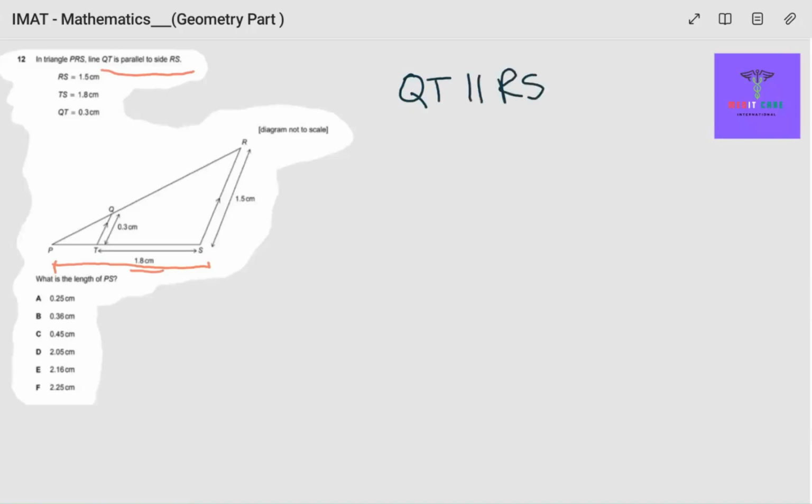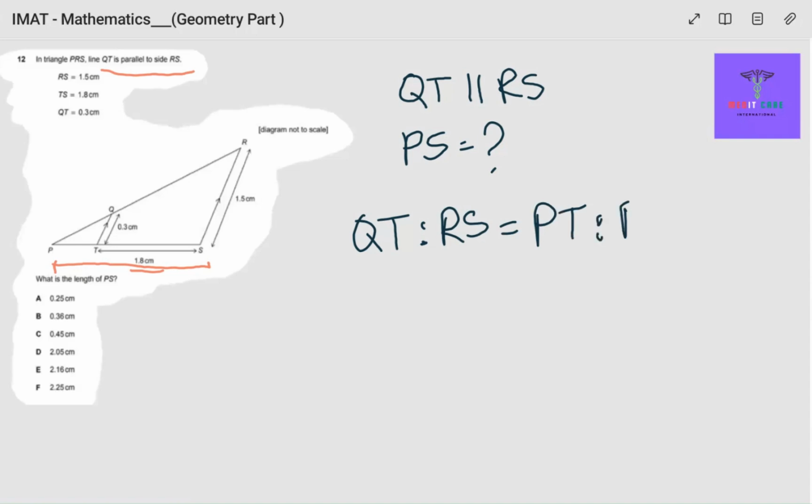Now we need to find the value for PS. So PS equal to what? Now here the ratio would be the same, like equating similar triangles. So we can write QT proportional to RS equal to PT proportional with PS.